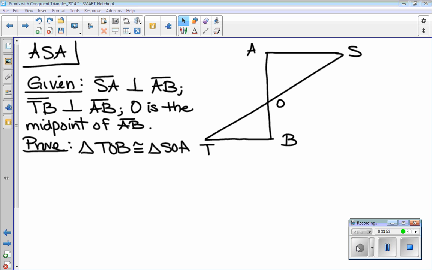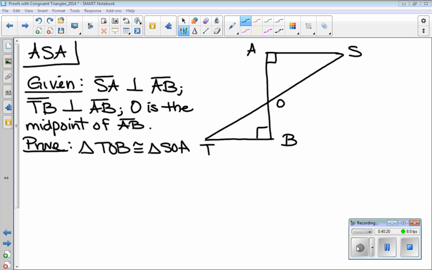So let's set up our statements and our reasons like we normally do, except that we should probably go ahead and put in perpendicular marks, and that's really all we have. We can say O is the midpoint, and we know we can use the definition of midpoint to say something, but I don't have anything that's congruent that I can mark on the picture.